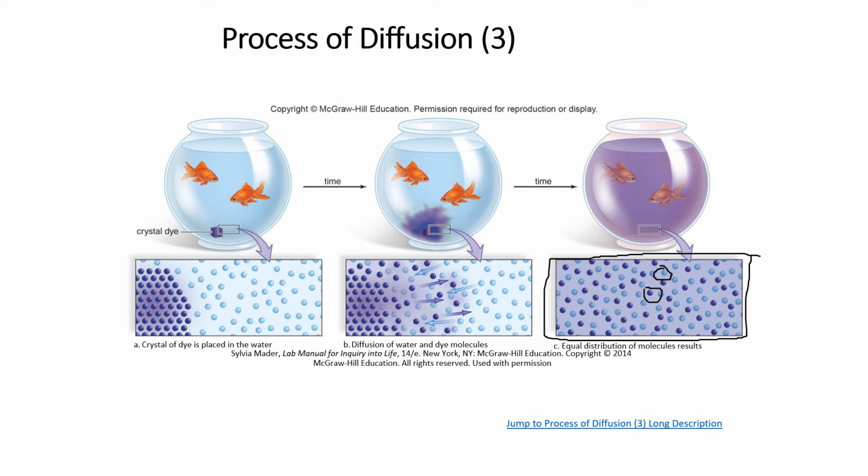And that's diffusion. Things will go from an area where they are concentrated towards an area where they are less concentrated. They will move down their concentration gradient. So over here the concentration is high. Over here it's low.